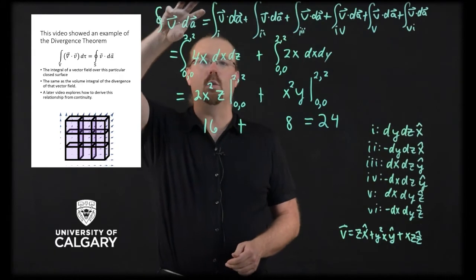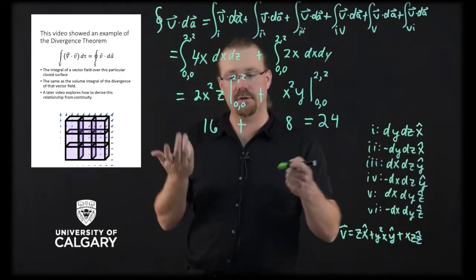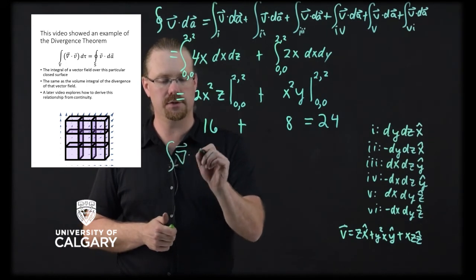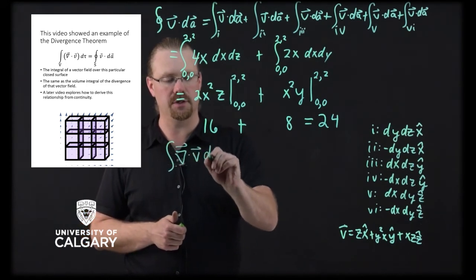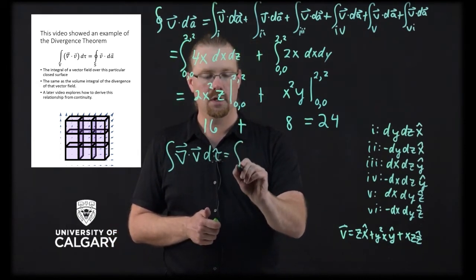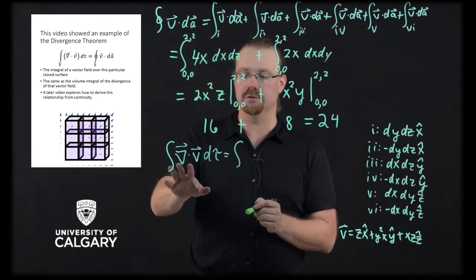Now we've worked out one side of the equation, we have to work out the other side of the equation. Now we need the integral of the divergence of our vector field v evaluated over d tau. Well, this is going to be equal to the divergence of v.